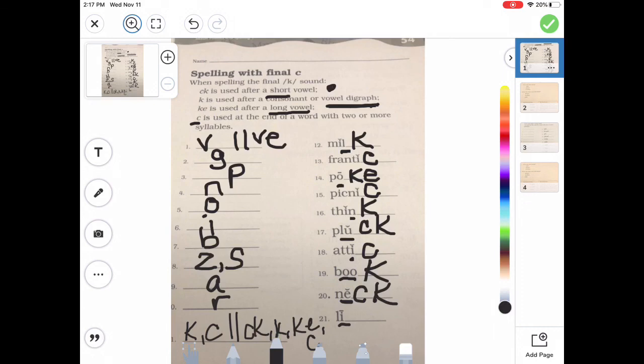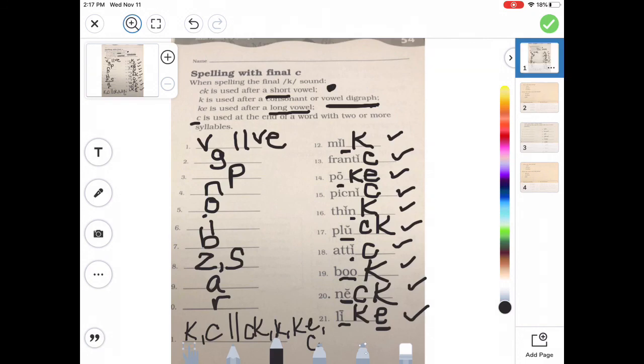Okay, so after a long vowel, I add KE, because remember, I have to have that E, otherwise it would be lick. It would be a short I sound. So our words were milk, frantic, poke, picnic, think, pluck, attic, book, neck, and like, and they all end in that K sound.